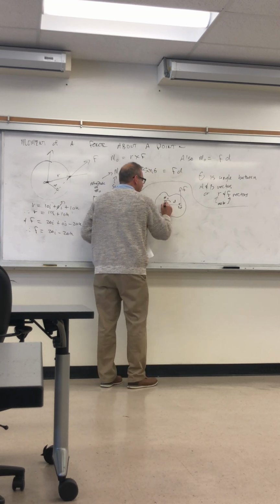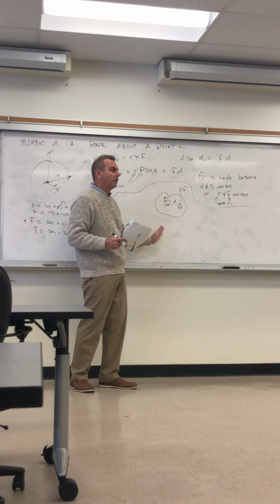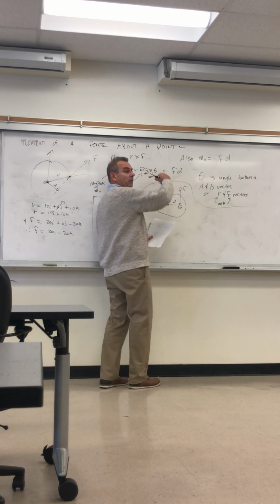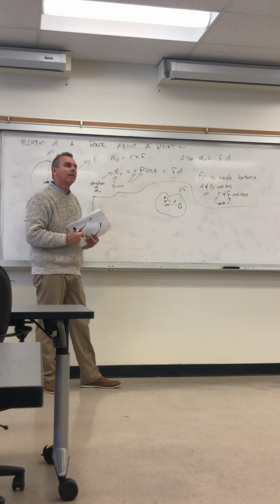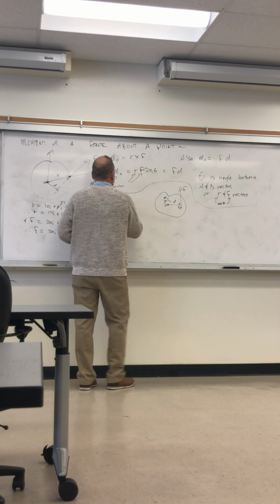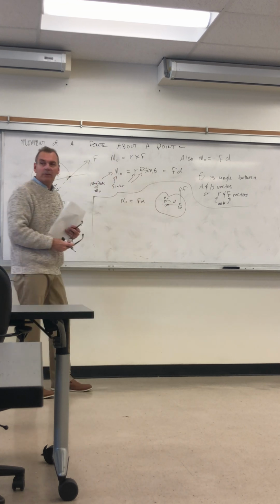If that force was right here, there's no moment, force times 0. It's the fact that you're applying a force here that wants to turn it counterclockwise. That's the moment, and that's what this cross product is doing. So in this case, M sub O is F times D.